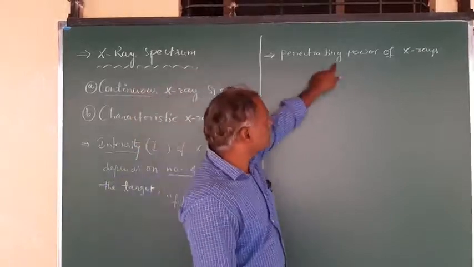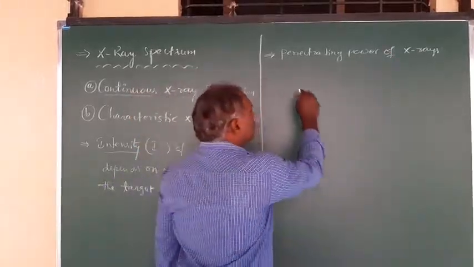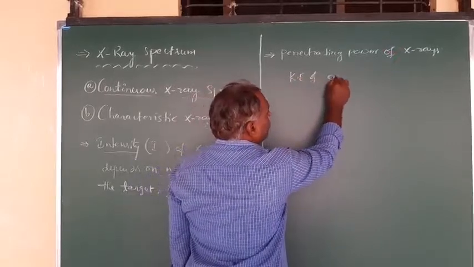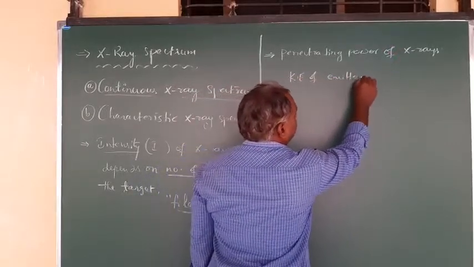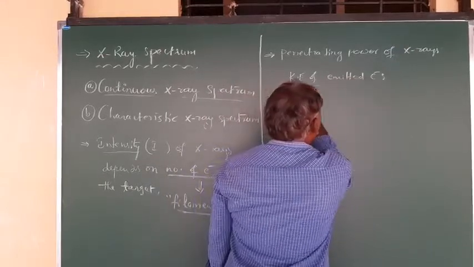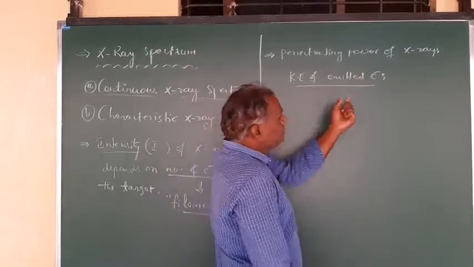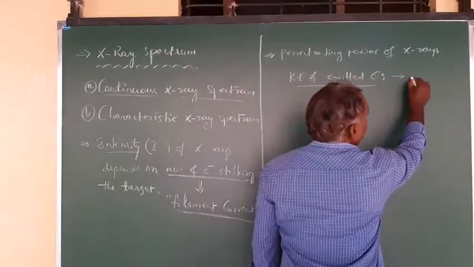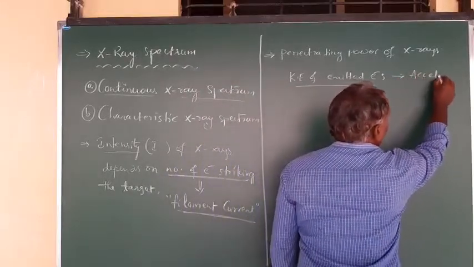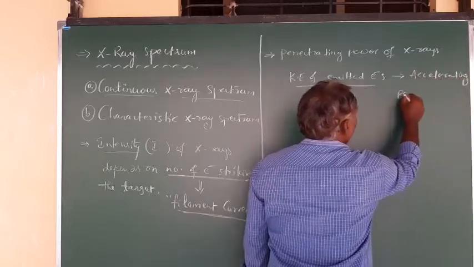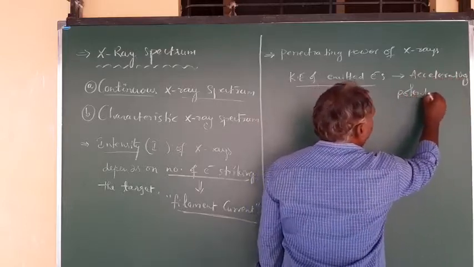So in order to increase the penetrating power of X-rays, what do you have to do? You have to increase the kinetic energy of the emitted electrons, which depends on the accelerating potential or operating potential.